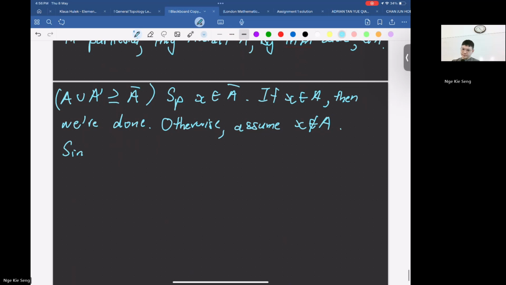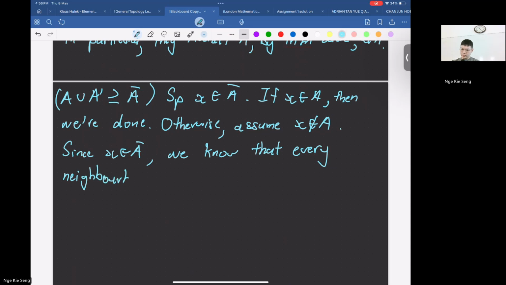Since x is in A bar, we know that every neighborhood U of x intersects A. Meaning what?